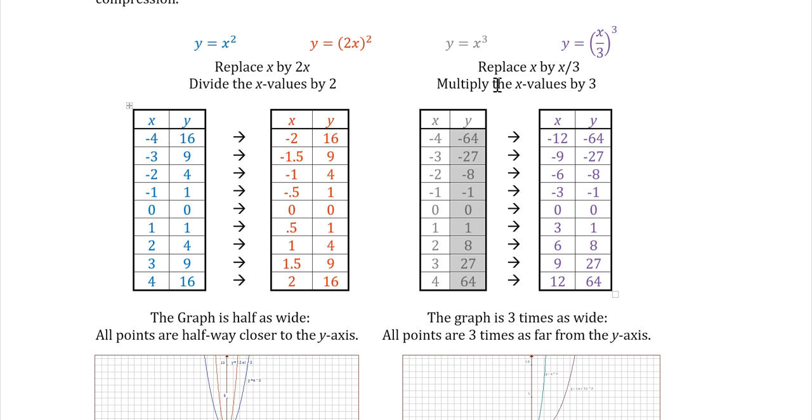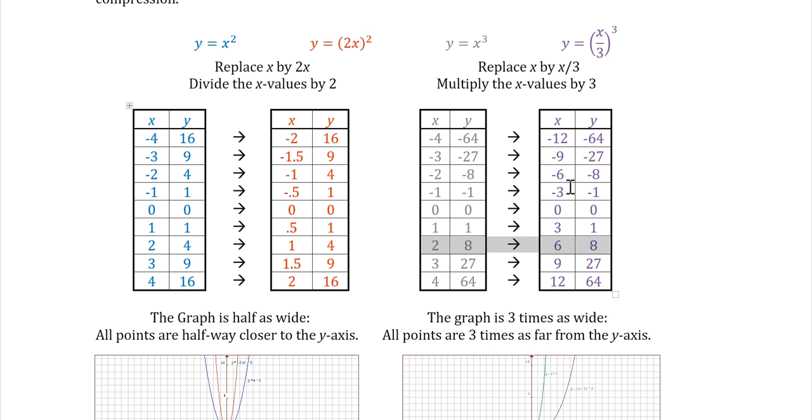I want to multiply the x values by 3. Notice once again the y values here are the same as the y values here. If we match up a pre-image point to its image point, the y values are the same. But the x values we've been multiplying by 3. Negative 4 times 3 is negative 12. Negative 3 times 3 is negative 9.